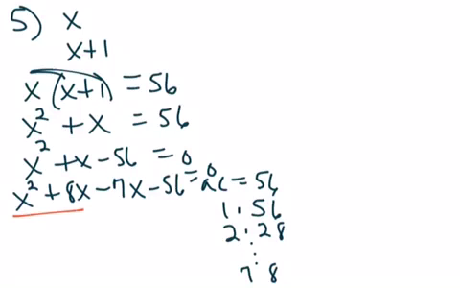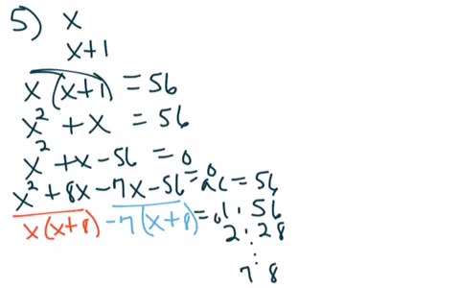The common factor in the first two is x, which leaves x plus 8. The common factor in the second two is negative 7, which leaves x plus 8. So then we have x plus 8 as a common factor, which leaves x minus 7.